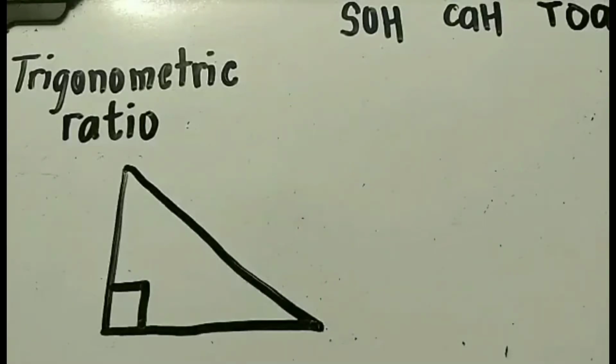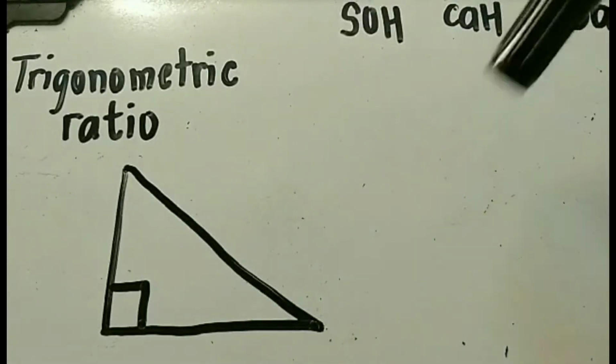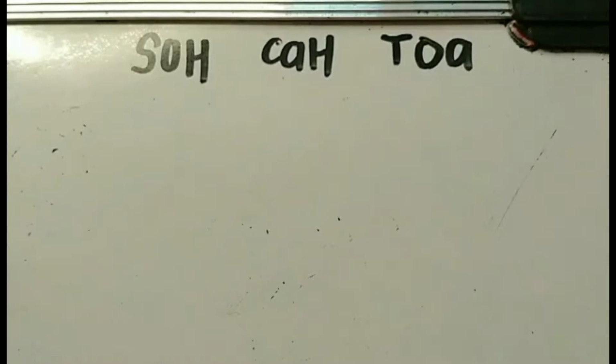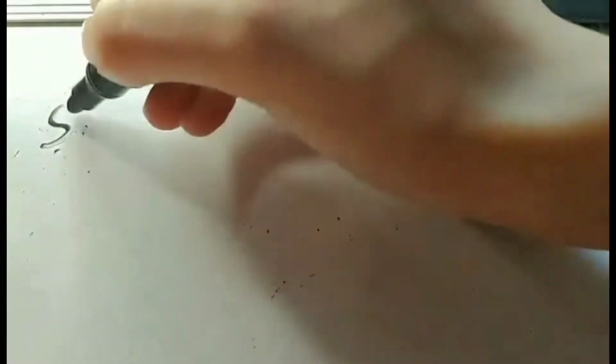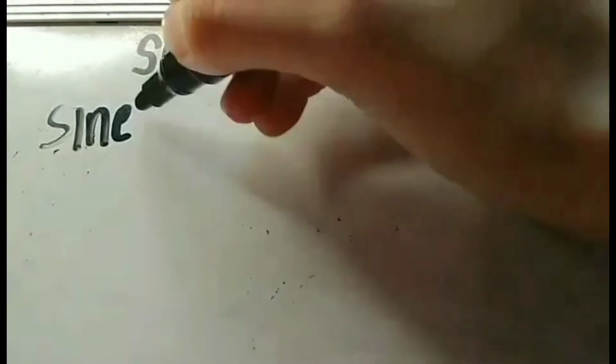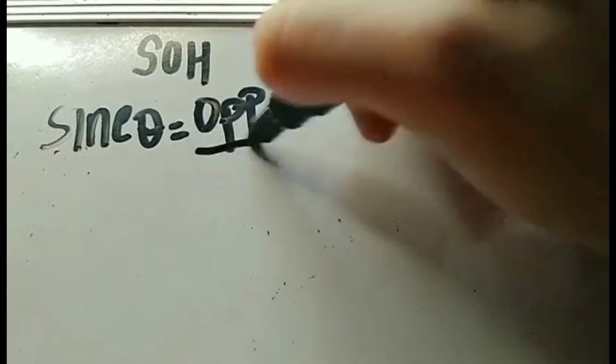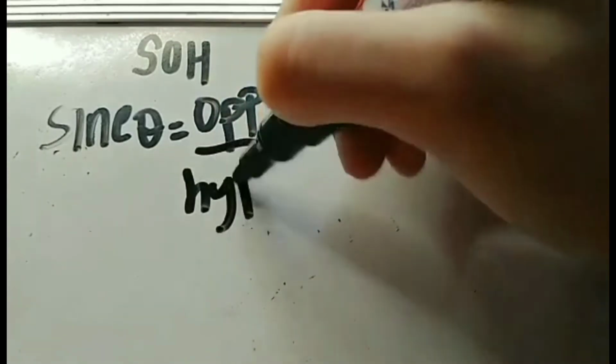Alright, so with the help of SOH CAH TOA, a mnemonic for remembering the definition of the trigonometric ratios with the sine, cosine, and tangent. For the sine, sine theta equals opposite over hypotenuse.